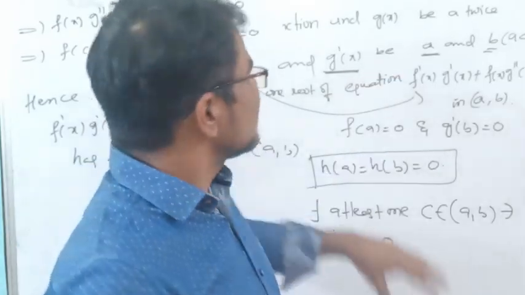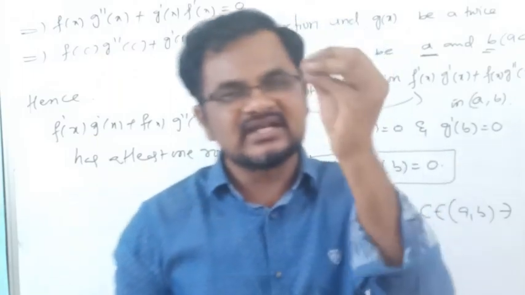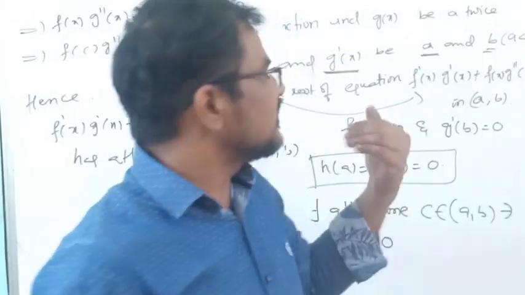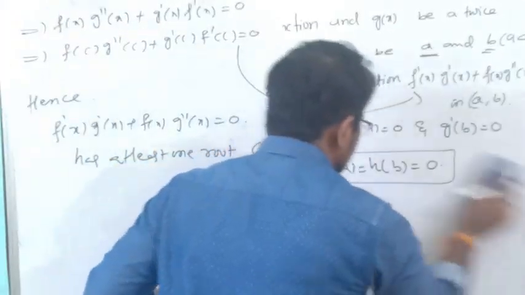So for at least one root, for this equation there exists at least one root, so by this observation we have to identify the function. Now this is about the first problem.